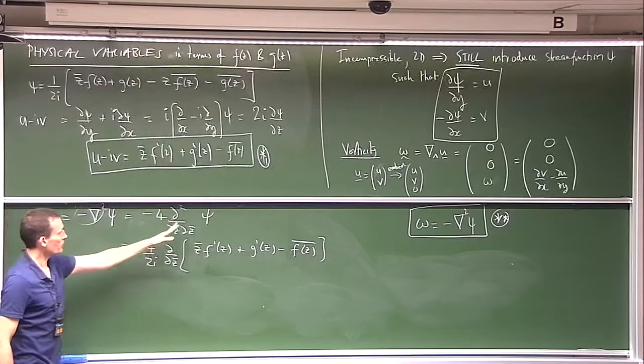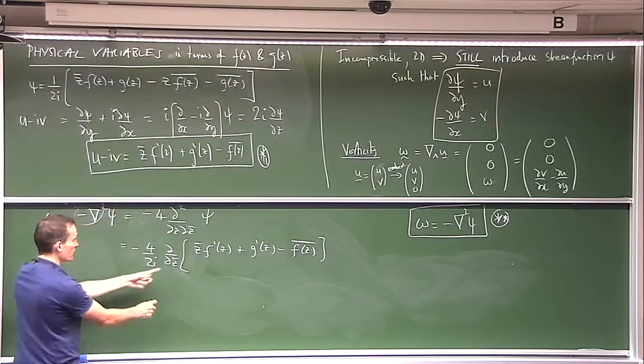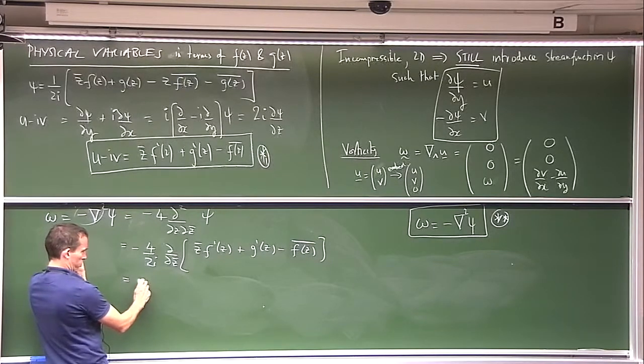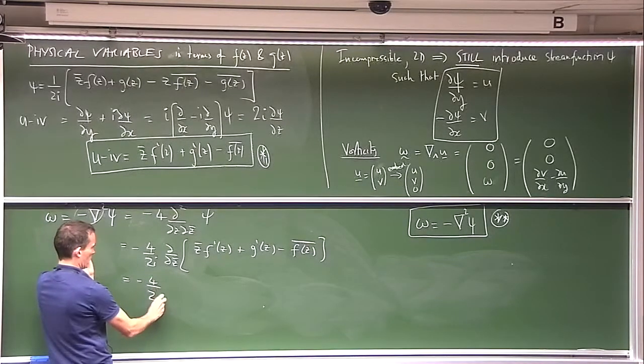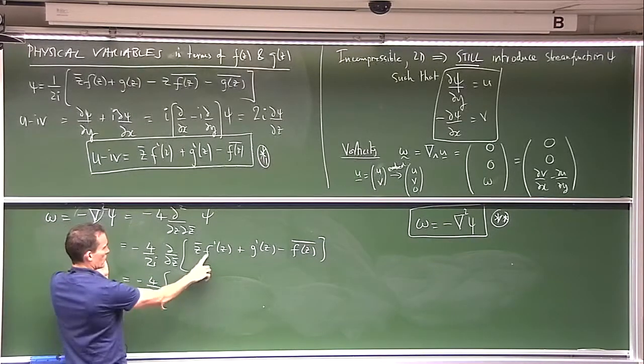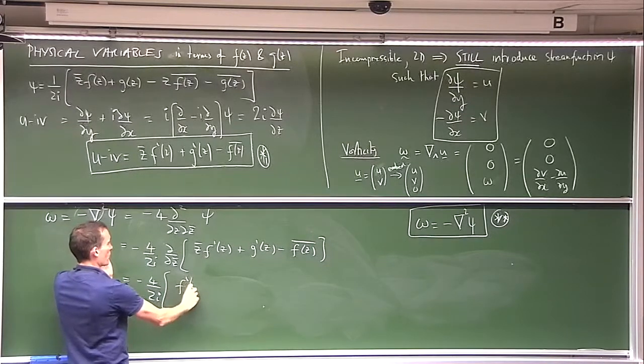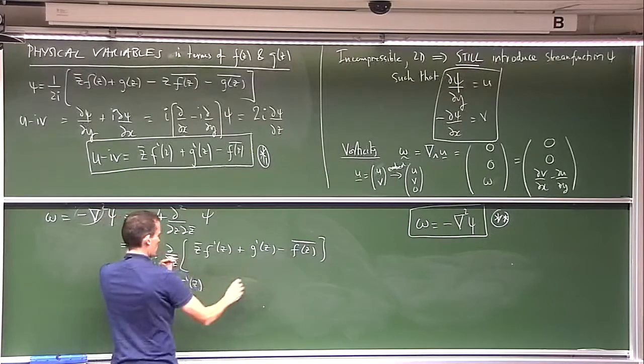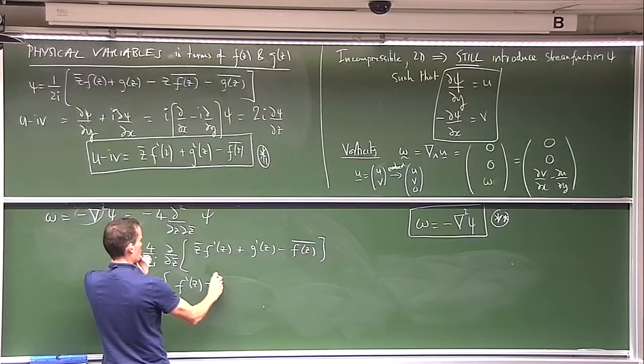Okay, I've just substituted for psi and taken the z derivative. Now let me take a z bar derivative. The z bar derivative of this is just f prime. The z bar derivative of that is nothing. And the z bar derivative of that is f bar prime.